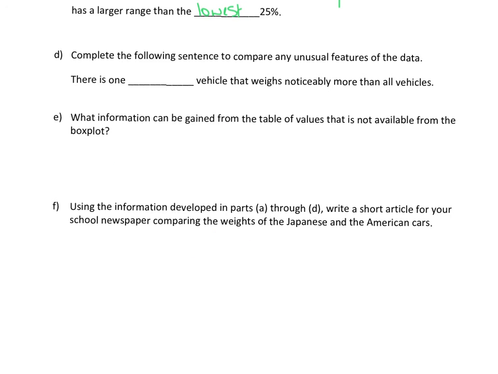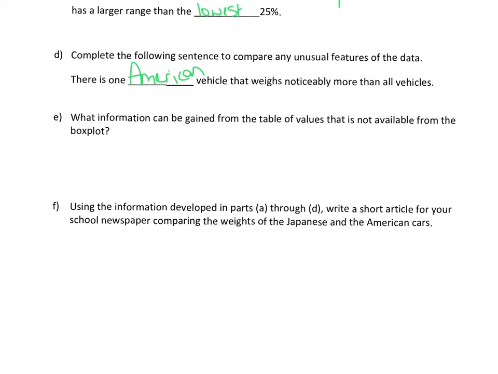In letter D, we're going to complete the following sentence to compare any unusual features in the data. If you look back at your box plots, notice we have one outlier for the American cars. So we can say there is one American vehicle that weighs noticeably more than all vehicles.